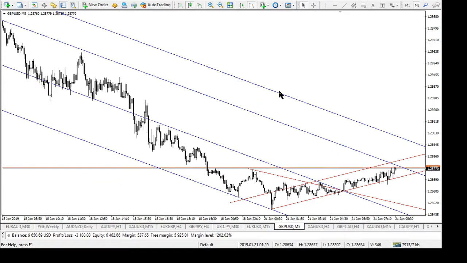So that was the second boundary that the price is going to have a reaction to, and let's get to 200% as well.